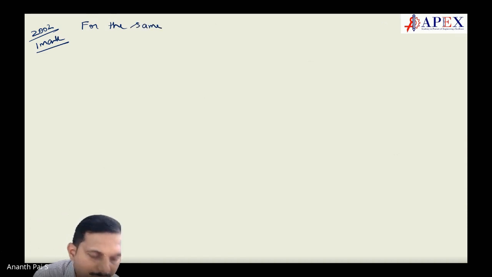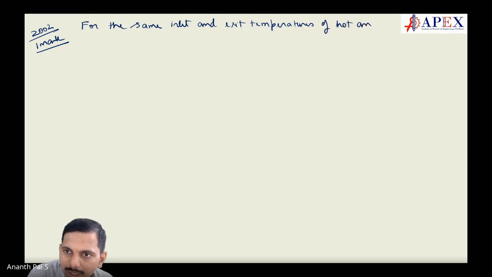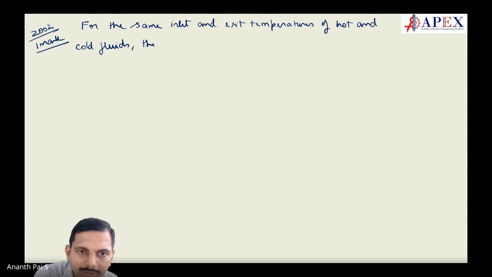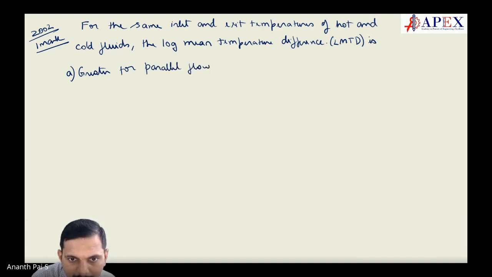For the same inlet and exit temperatures of hot and cold fluids, the log mean temperature difference, LMTD, is: A, greater for parallel flow heat exchanger than counter flow heat exchanger.